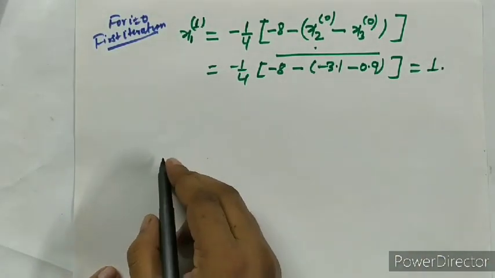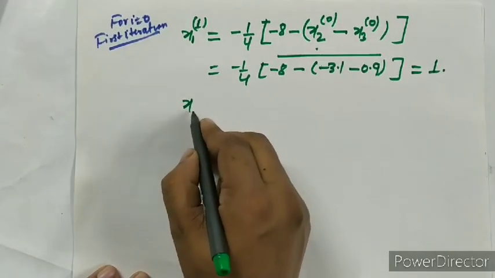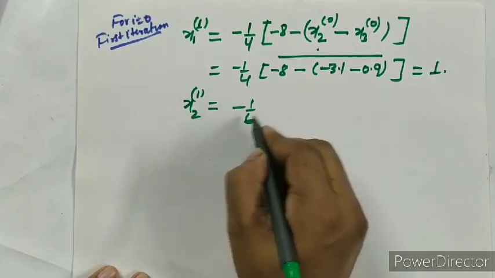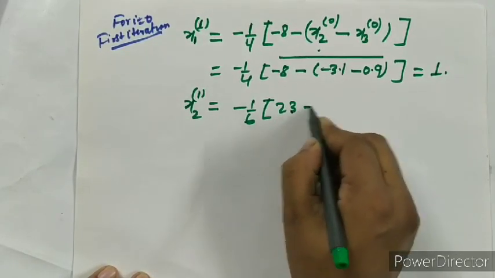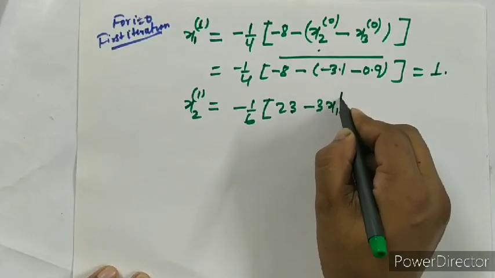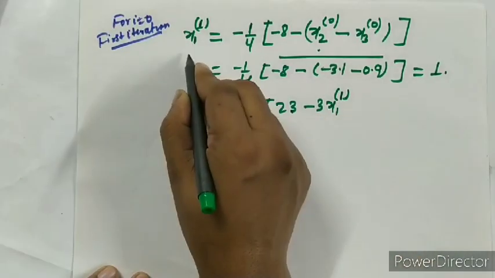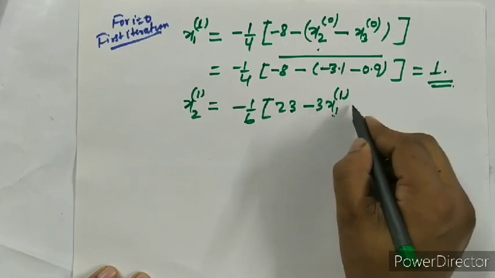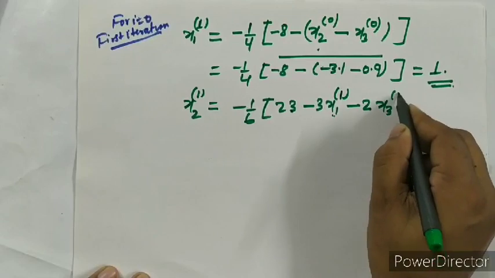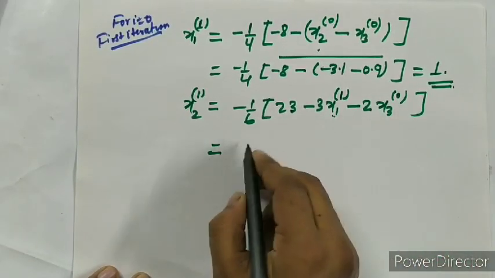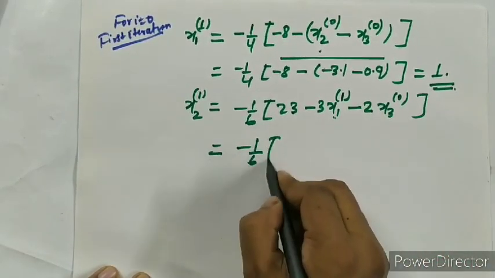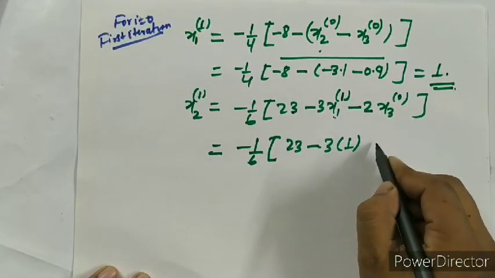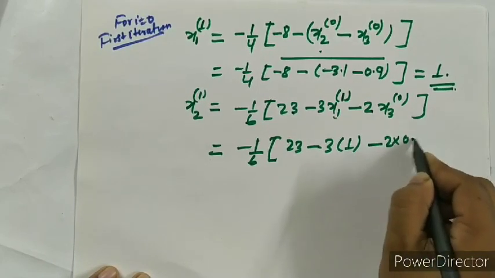Similarly, the first iteration of x2 is minus 1 by 6 into 23 minus 3 x1. Here we use the updated value of x1, which is here, minus 2 x3, which is the initial value. So what we get is 1 by 6 into 23 minus 3 into 1 minus 2 into 0.9.